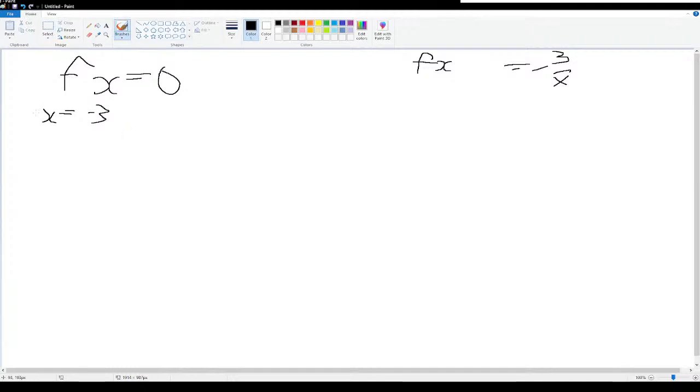Now we need to find the value of the y asymptote. So we're going to make this value into 0 and get that guy alone.